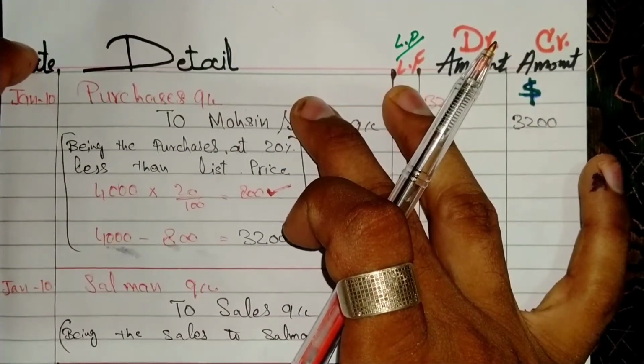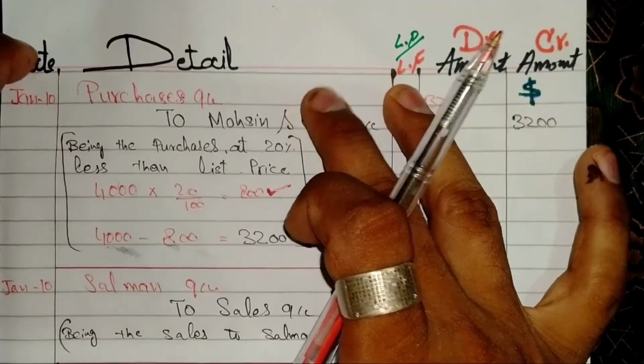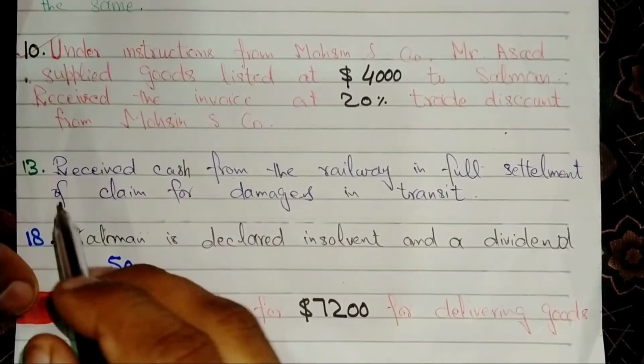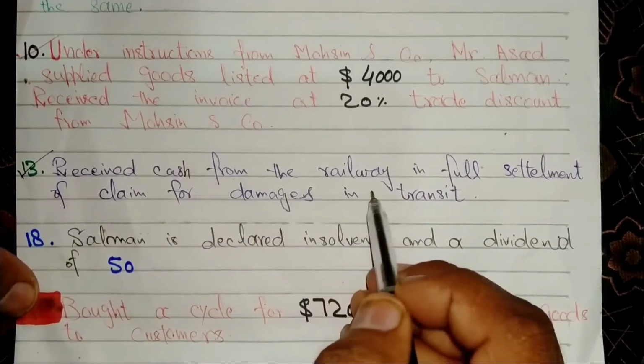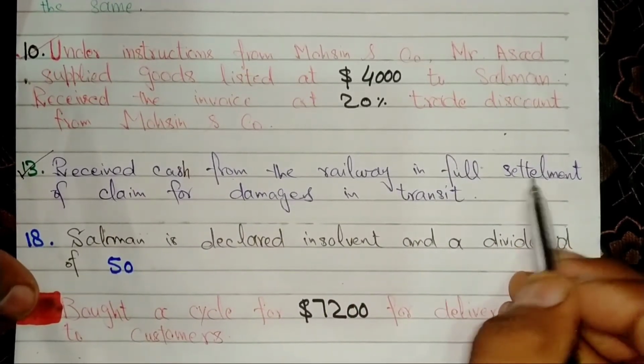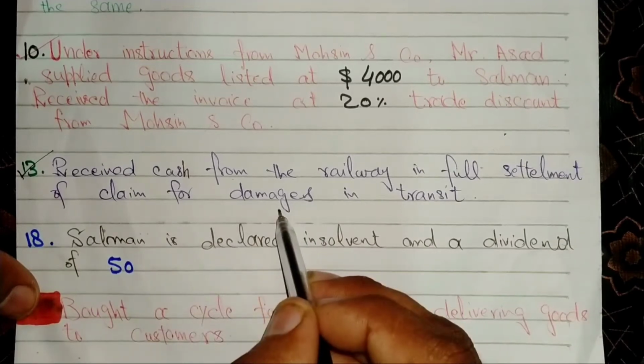Now we will move toward the next. On 13th January, received cash from the railway in full settlement of claim for damages in transit.